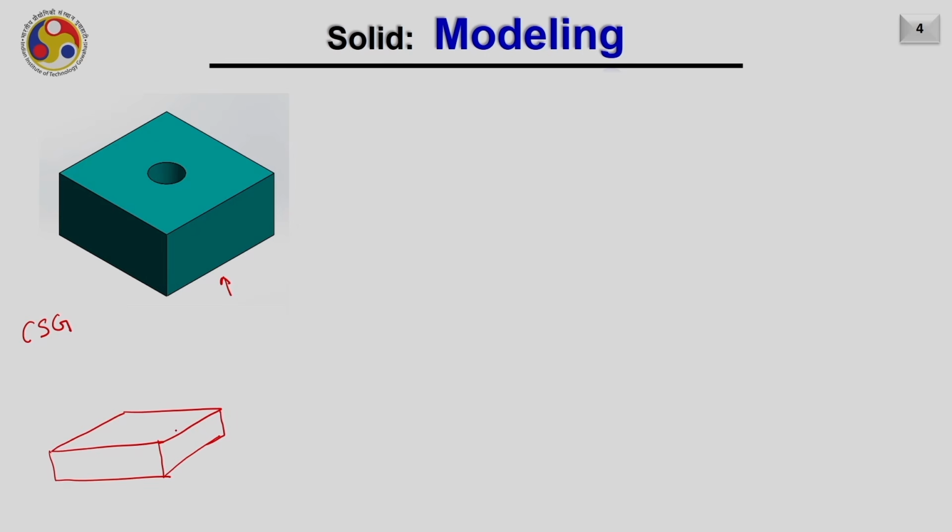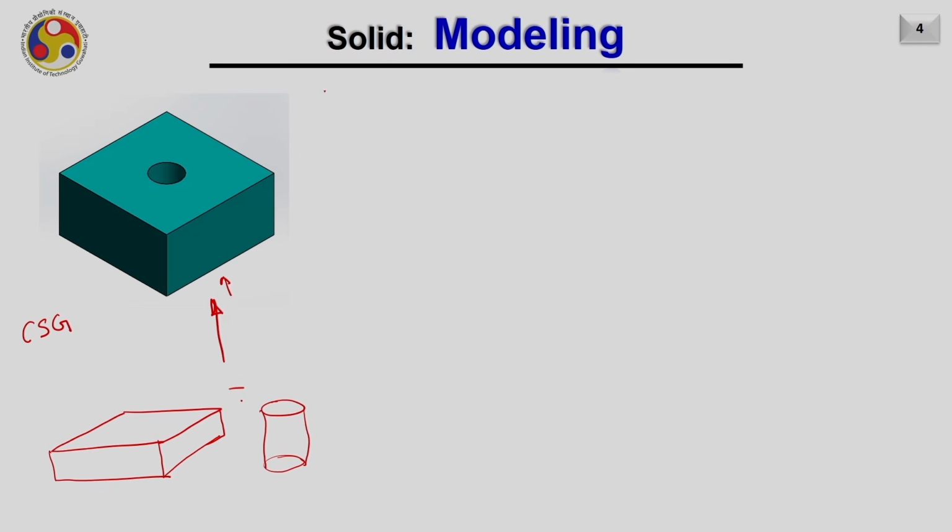So for example, if I take this cuboid like structure, which is definitely available as a primitive in a CAD package, and then another basic structure, that is a cylinder. The difference between these two objects will give you nothing but this object. So in CSG, we basically perform Boolean operations between the standard shapes available with the CAD package to realize or represent complicated objects.